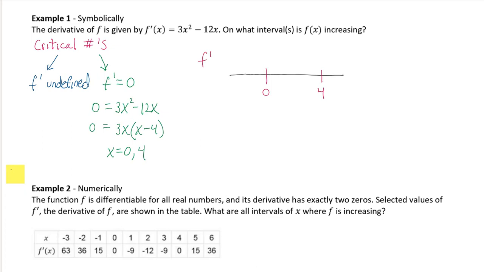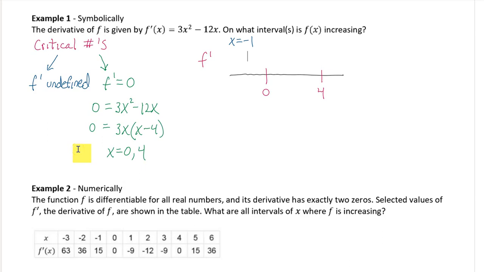So in the previous chapter, what we did is we said, okay, we're going to plug in a number that's less than 0. So maybe we plugged in x equals -1. And so I would go back to my derivative function right here, and I would plug in -1. All I care about is whether this derivative is positive or negative when I plug in -1.